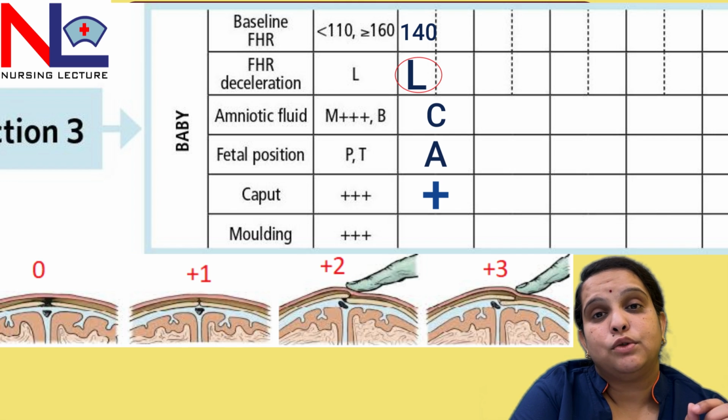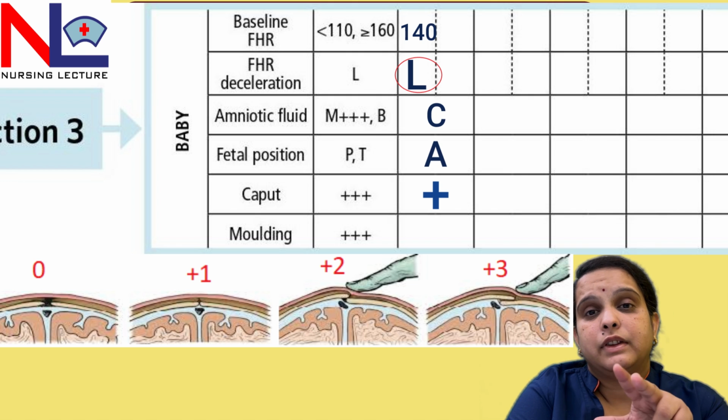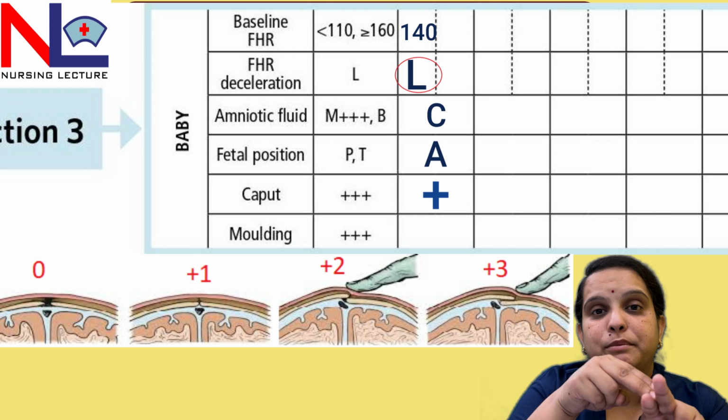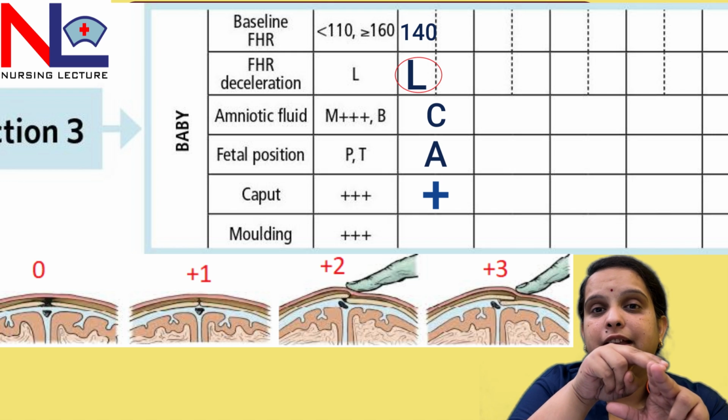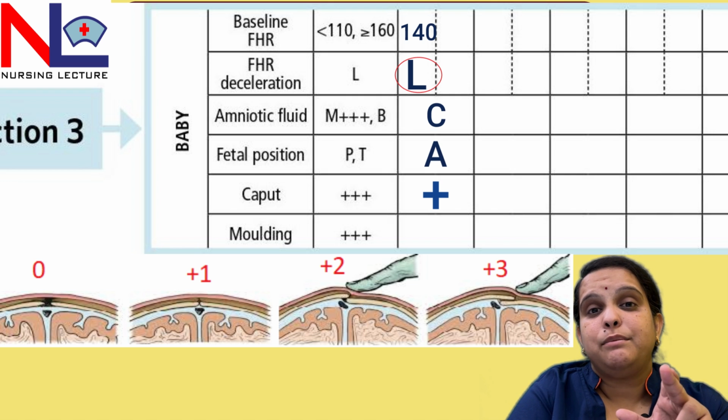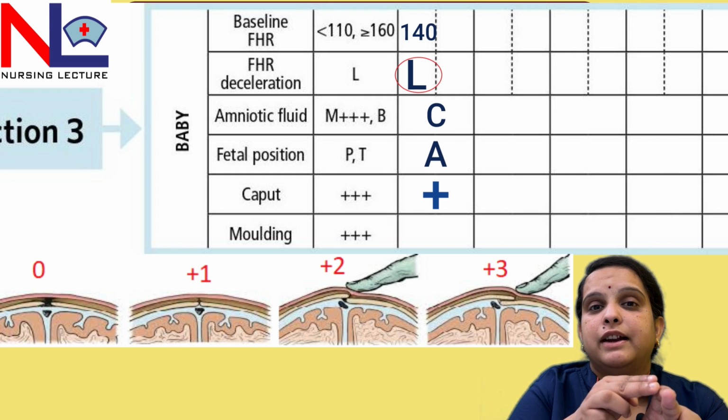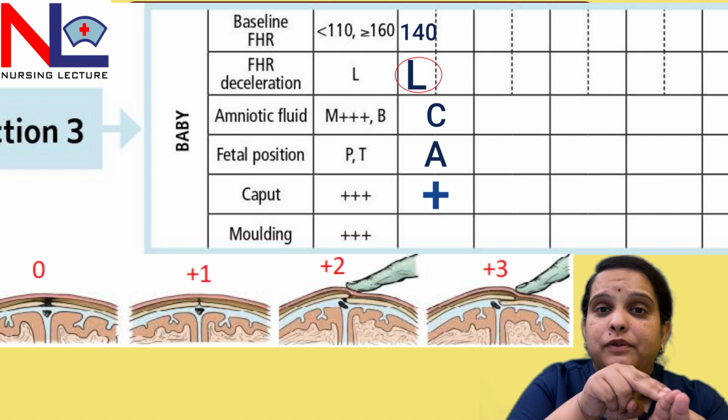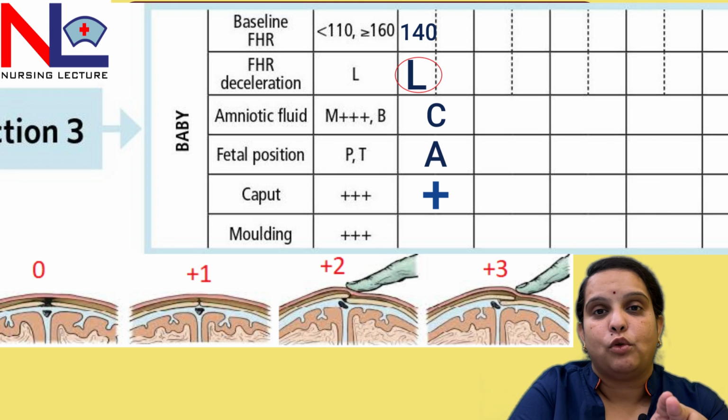So 0 means the sutures are wide apart, there is a gap, and +1 means the bones have come closer and are not overlapping, and +2 means the bones are overlapping each other, but while performing the per vaginal examination, if we apply pressure, they get separated, they are reducible. But +3 means they are highly compressed and overlap each other, so that even after giving some pressure, they are not reducible. That is +3 molding.